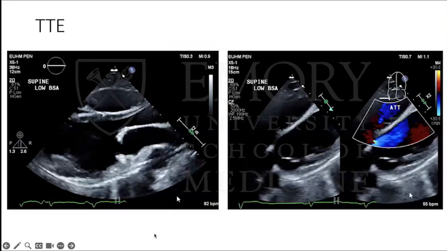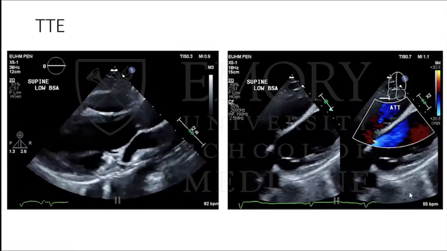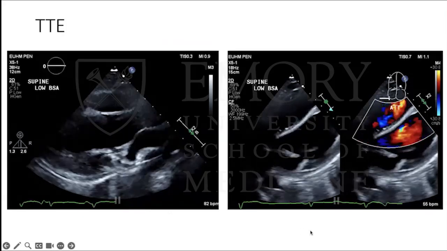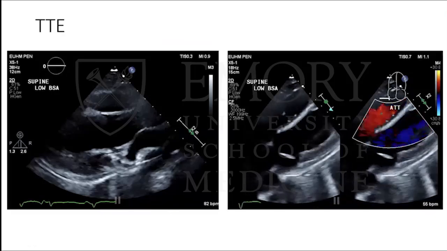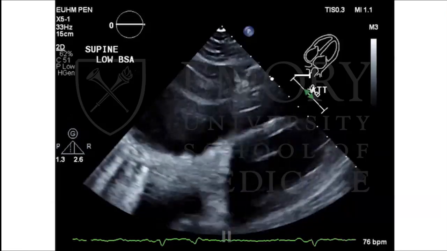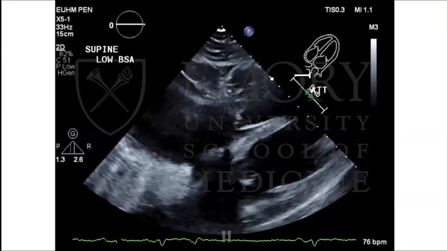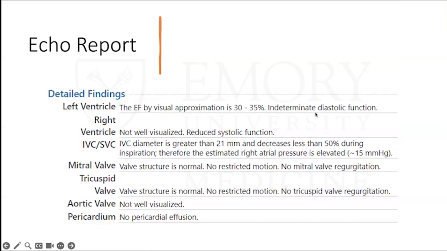So she did get an echo, of course, and I'll let this play through a couple of times. So that was really her echo. I'll read the report here, though I could have put more in there, but I thought those were the best visualization of what we're seeing. So EF 35%, which is pretty consistent with what we saw before in the reports from the outside hospital.